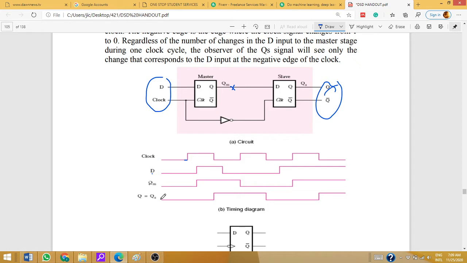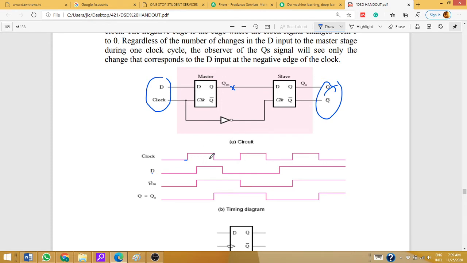Now when we construct this, we connect D latches in this way. One is the master, the other is the slave, and the master's output becomes the slave's input. The clock is directly connected to one, and connected through an inverter to the other. If we connect them like this, they become a negative edge flip-flop.